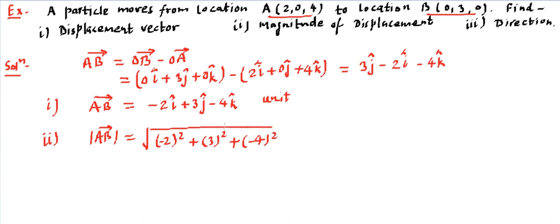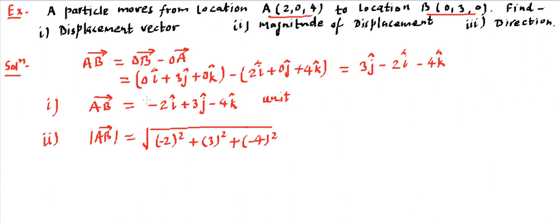Now you can note one point over here. These minus and plus signs make no difference, because ultimately we need to square these numbers. If there's a minus sign, after squaring it will become plus. So basically the sum of the squares of these coefficients has to be calculated, and if a minus sign comes in, we should not place a minus in between, because we need to square the entire coefficient.